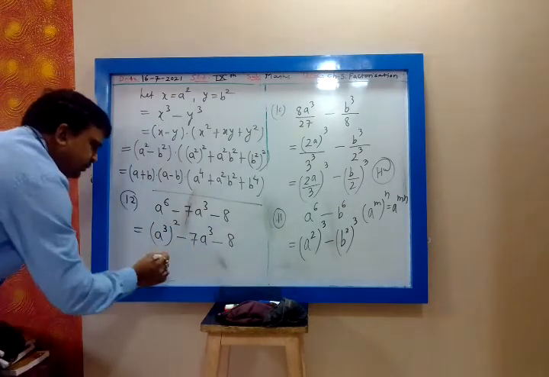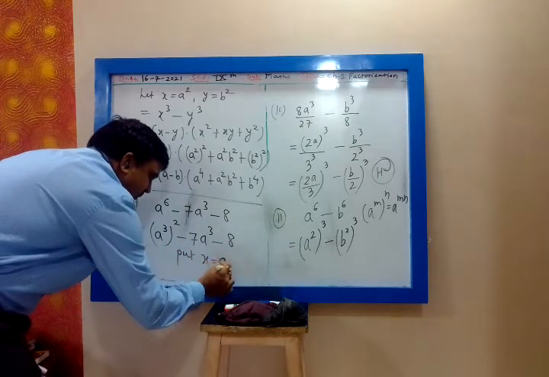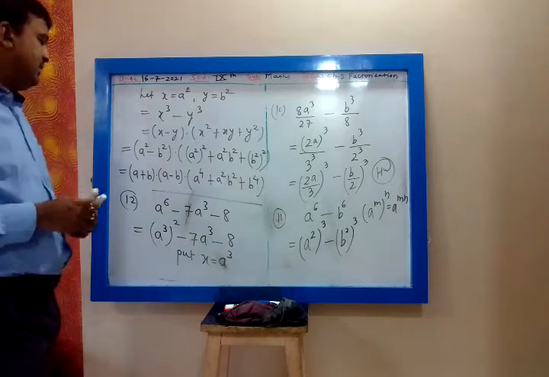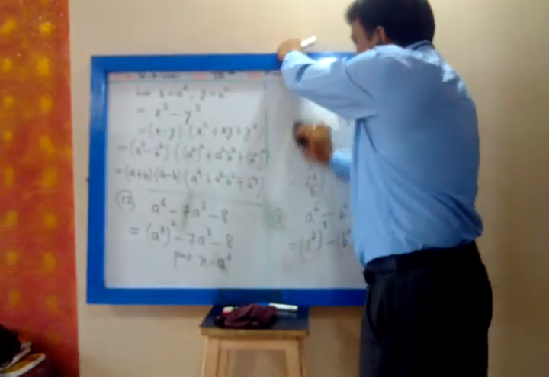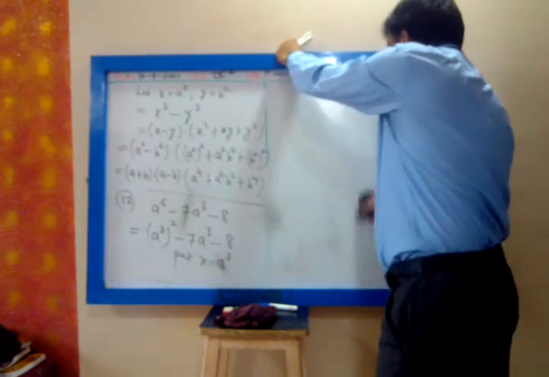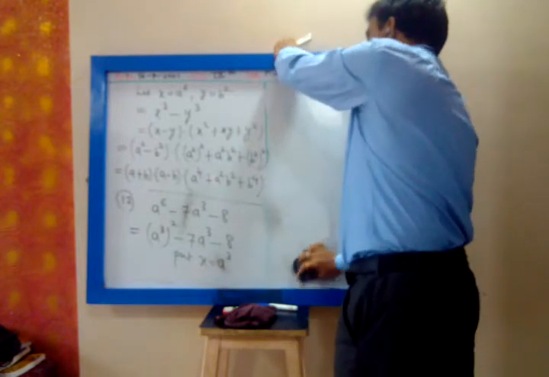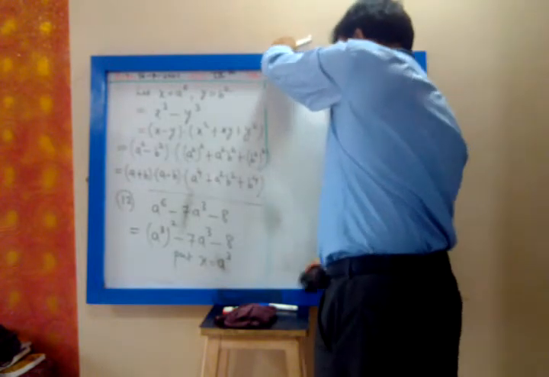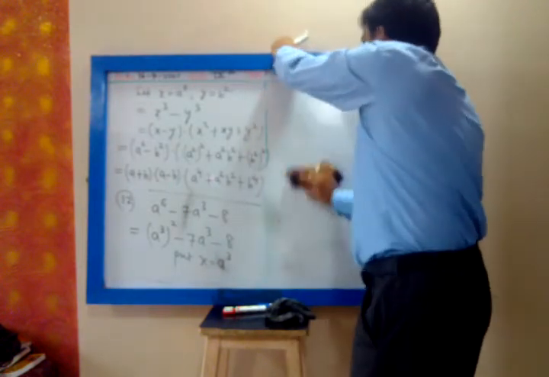Now I have to use the substitution. Put x is equal to a cube. I will take my a cube as x. So that will become a quadratic equation, yes or no?